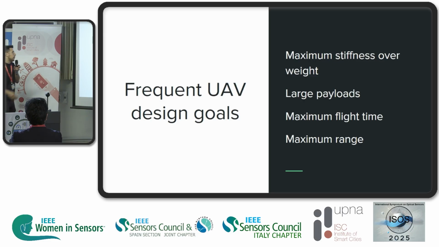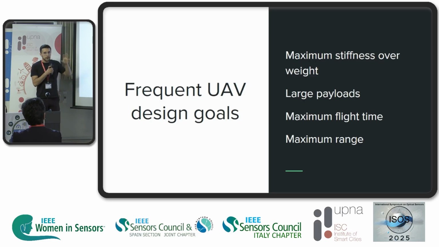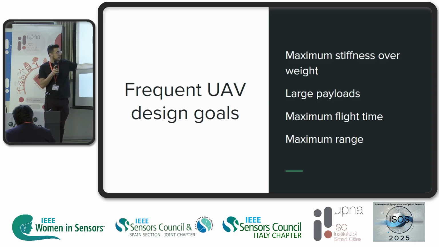So that said, when we are working on a new UAV design, we frequently aim for some design goals. Most commonly, maximum stiffness over weight. We aim to carry large payloads. We also like to fly for longer, so maximizing the autonomy, but also maximizing the range. The longer and farther we can fly, the better.